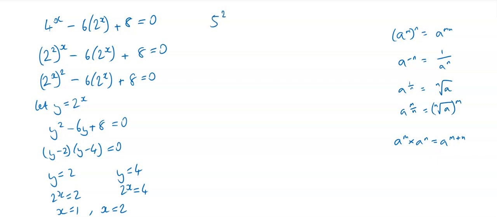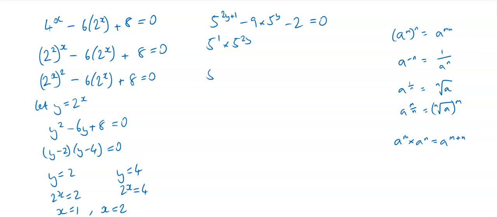We'll go 5 to the 2y plus 1 minus 9 times 5 to the y minus 2 equals 0. Now have a go at this, but it is quite hard. We've actually got to split this first term and say it's 5 to the 1 times 5 to the 2y.